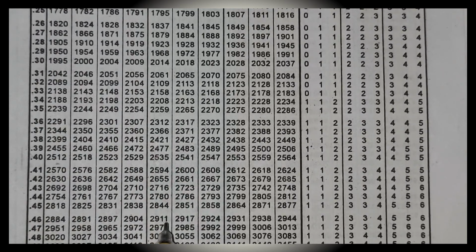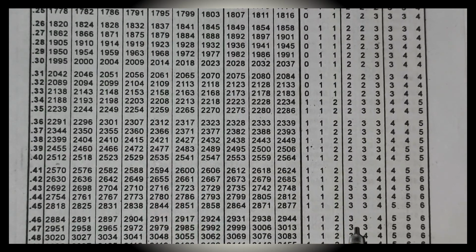Now the next digit is 5. 0.4645. So the last digit is 5. Thus, we have to move into the mean difference table to get the last digit. So, 1, 2, 3, 4, 5. The fifth column, the number is 3. Thus, we have to add 2911 plus 3.